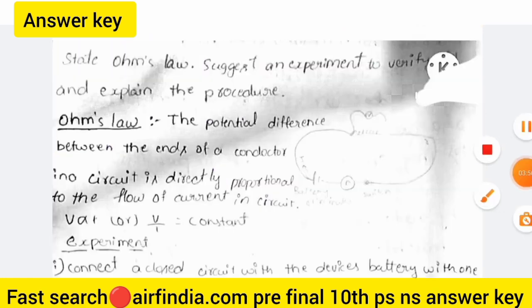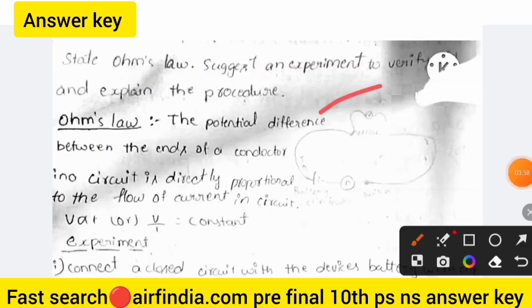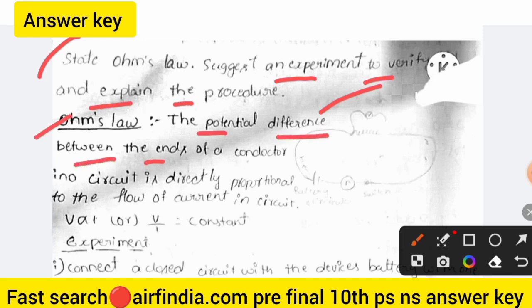Okay, so here we go for the next question. State Ohm's law. Suggest an experiment to verify it and explain the procedure. So Ohm's law: the potential difference between the ends of a conductor. There is a diagram here, you see that.